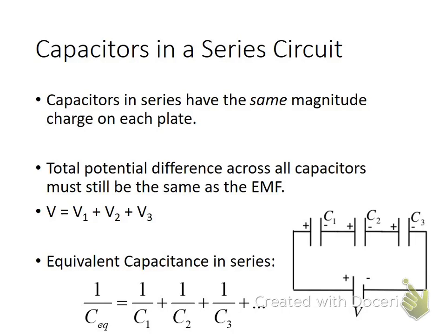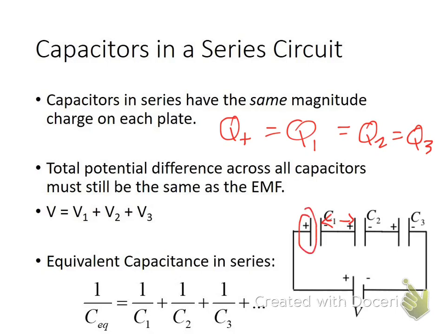If you align capacitors in series, they have the same magnitude charge on each plate. That tells me the total charge that the battery spits out is equal to the charge on capacitor 1, it's equal to the charge on capacitor 2, it's equal to the charge on capacitor 3. This is because the final plate of capacitor 1 and the first plate of capacitor 2 are simply conductors that have been polarized by the presence of this charge.